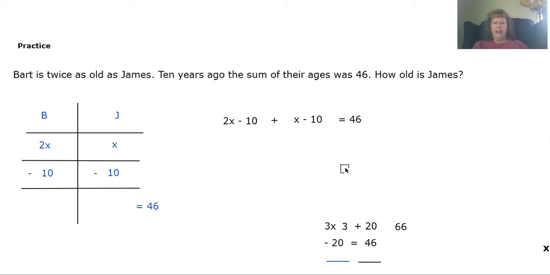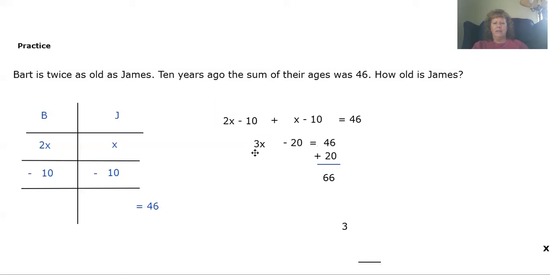So if we combine like terms, we have 2x plus x is 3x, and negative 10 minus 10 is negative 20, and that's equal to 46. So now let's start doing the inverse operation. Instead of subtracting 20, if we add 20 to both sides, that will equal 66.